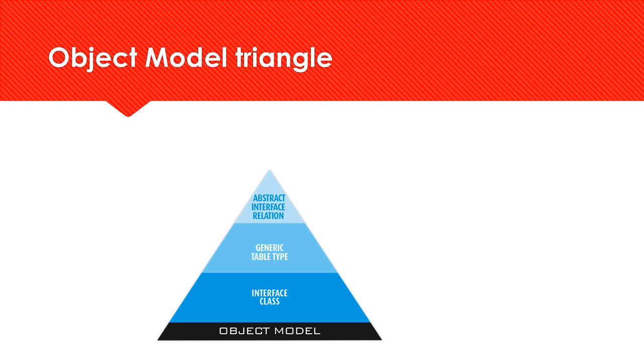That is the reason we usually start with the object model and with specifying the interface classes. Only in the second stage, the second layer, we add the generic table types. And when that is done, we proceed to the third layer, the abstract interfaces.